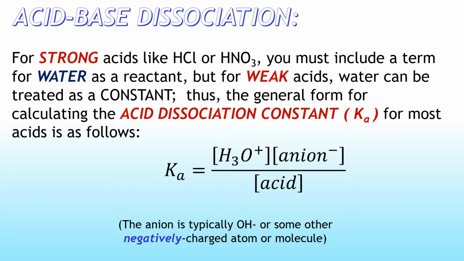In the last example, it was chloride. It could be anything that's negatively charged. And then we're going to divide that by the original concentration of the acid. So concentration of hydronium times concentration of anion divided by the concentration of the original acid, and we can ignore water. We'll just treat it as a constant.